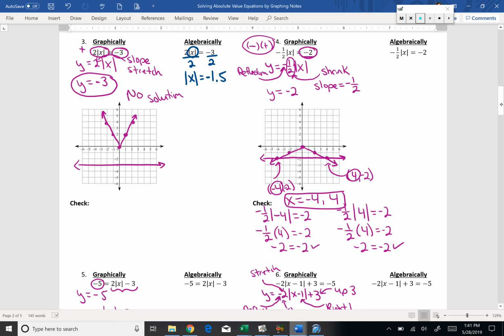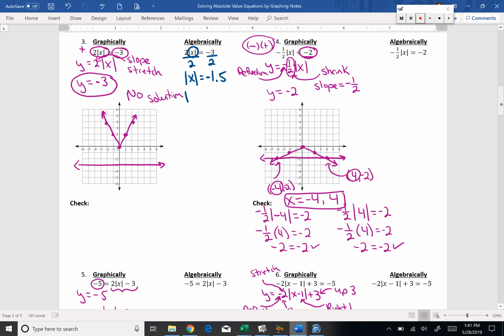But now here's the problem. Absolute value always comes out to be positive. Absolute value is a distance. No matter how hard I try, there's not a value I can substitute in for x and end up with -1.5.